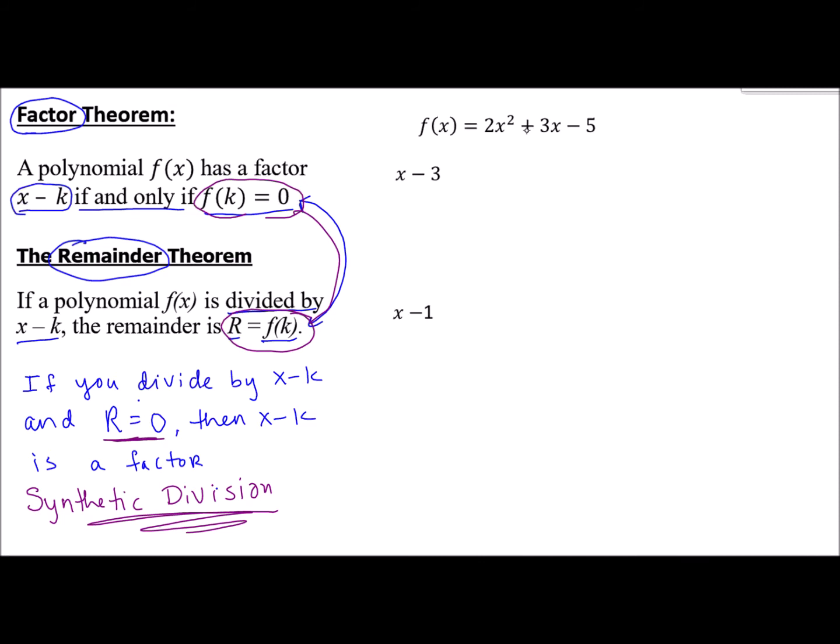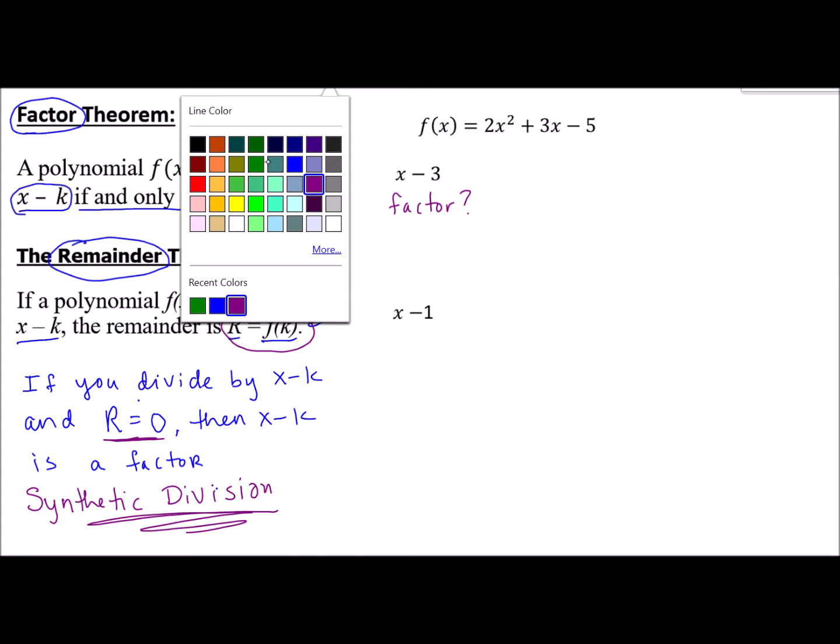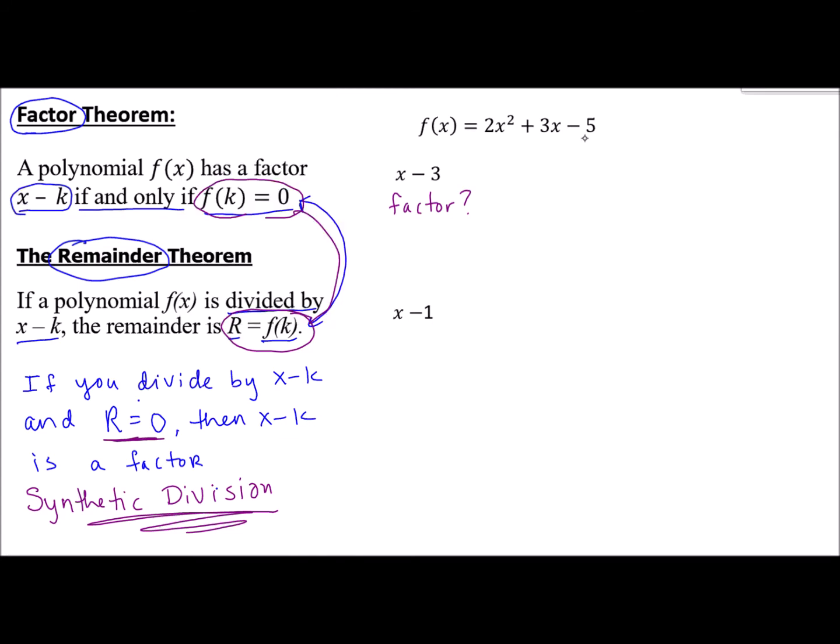This is a simple quadratic. We could factor it, but I want to use this to help practice. x minus 3, I want to know, is it a factor? So I'm going to divide it out of this quadratic, and I'm going to use synthetic division. 3 is on my outside. Remember, that's a. Inside are going to go my coefficients, checking to make sure no terms are missing.